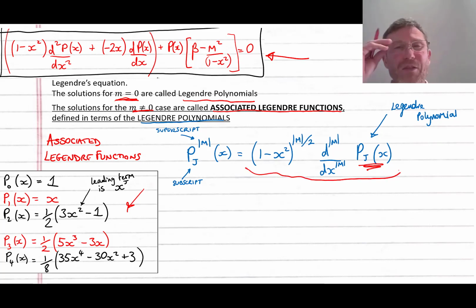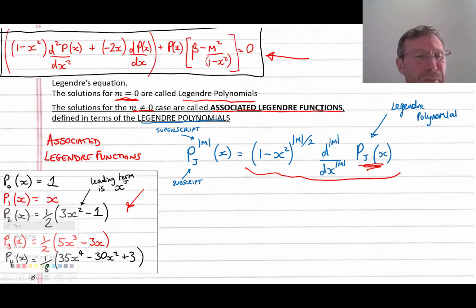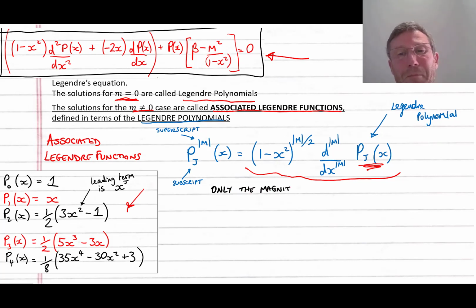But before we take a look at these particular solutions to Legendre's equation, let me just state that only the magnitude of m is relevant.